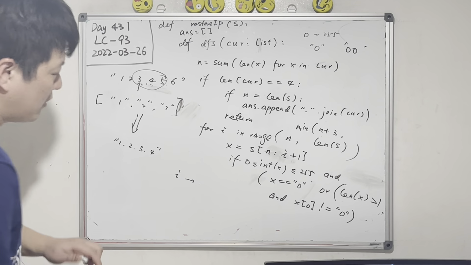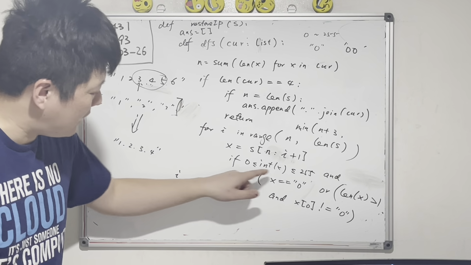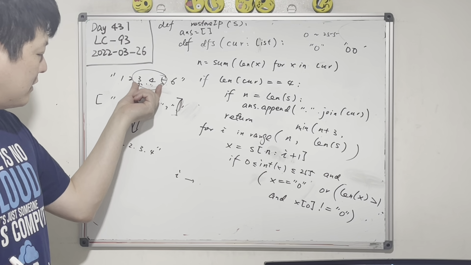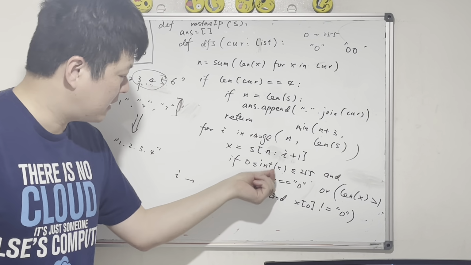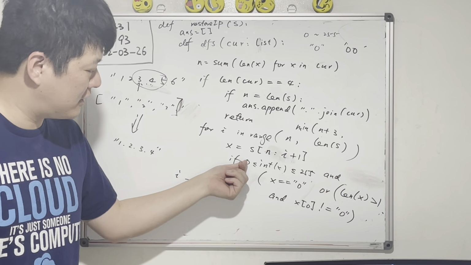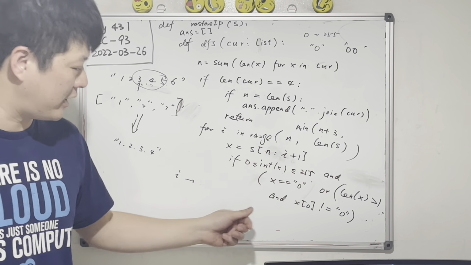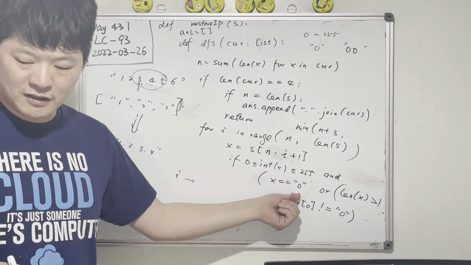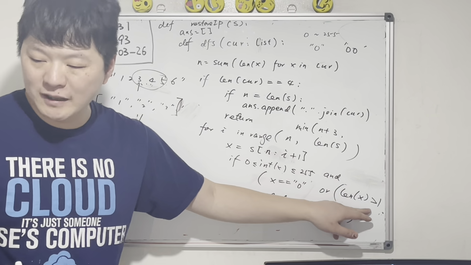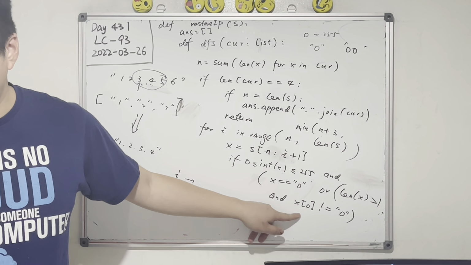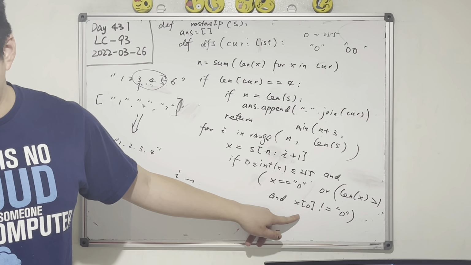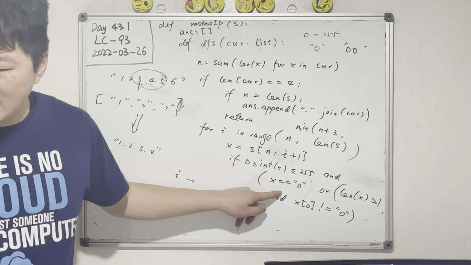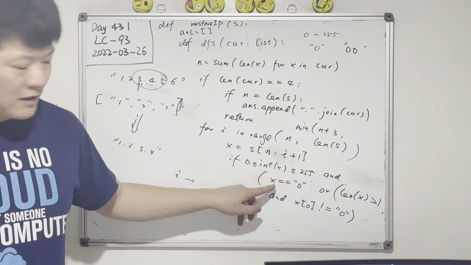So look at this. If we convert this substring x to an integer and it's between 0 and 255, that's great. But we have to check one more thing: if it's a single digit 0, that's fine.